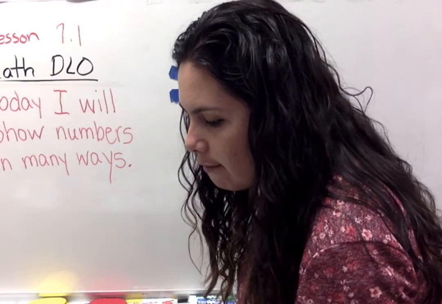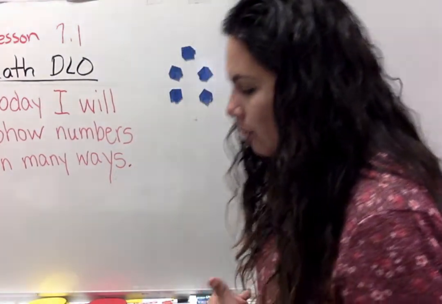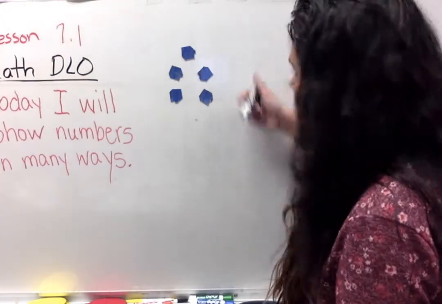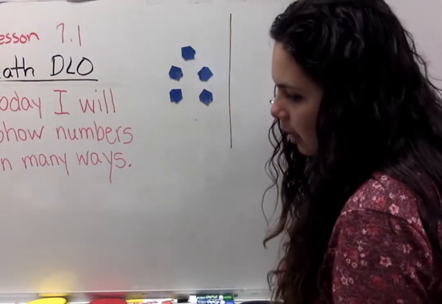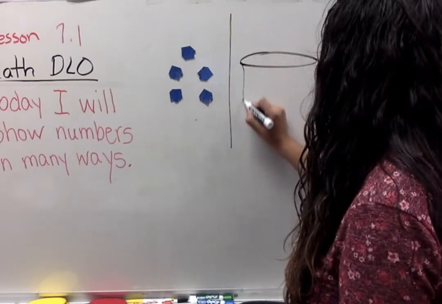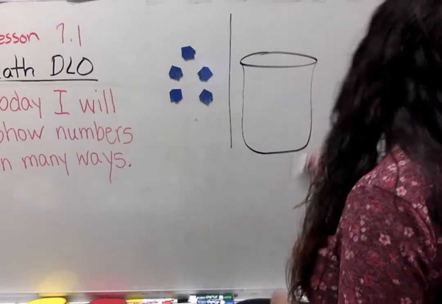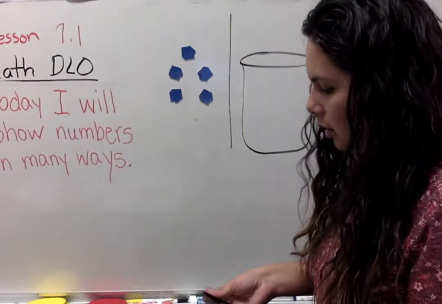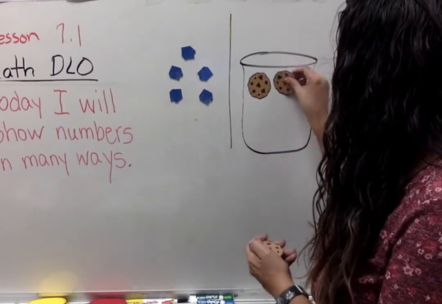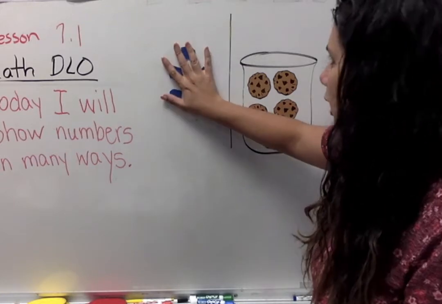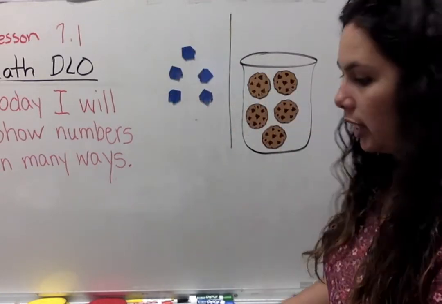So we have 5 cubes, and these 5 cubes are going to be our representation if we had a jar. Here's our jar. And if in our jar we had our cookies, 1, 2, 3, 4, 5. These represent our 5 cookies that are in there, okay?